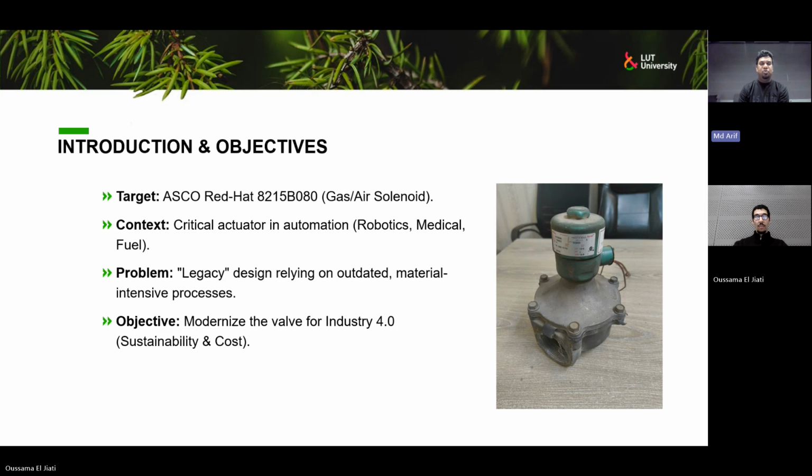Now, the main issue we are addressing is that this is a more legacy style design, meaning it can rely on older material intensive manufacturing approaches. So our objective in this project is to modernize the valve design in the direction of Industry 4.0, mainly targeting improved sustainability and reduced cost.